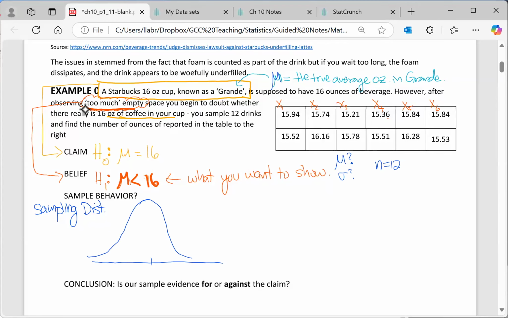The distribution that I end up with, assuming the requirements are met, then we're going to write the degrees of freedom right here. So that's n-1. And then we're going to say this is how samples should behave.